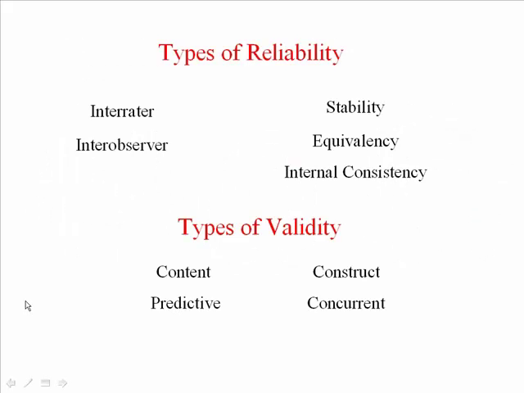Now, up to this point, we have simply referred to reliability and validity as consistency and accuracy. Within the area of reliability, there are actually a variety of types, such as inter-rater, inter-observer, stability, equivalency, and internal consistency.